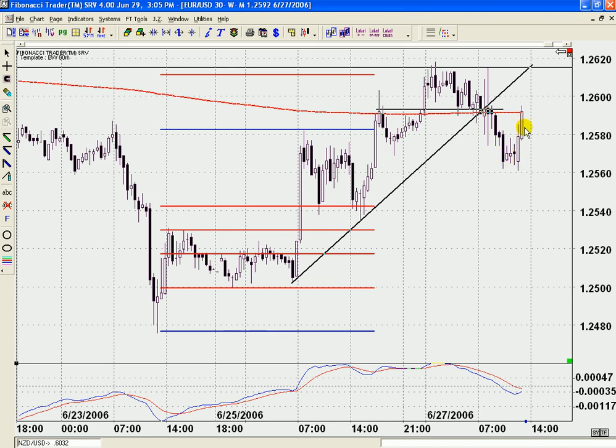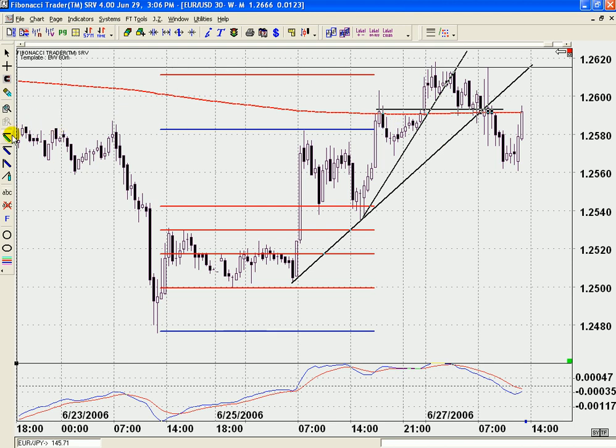Now you see this rally coming on, and we've got a break of the trend line. Actually, both of these trend lines, but we've got a break of the trend line, and we've come back to the last level of support, which is here, kind of this area right here.